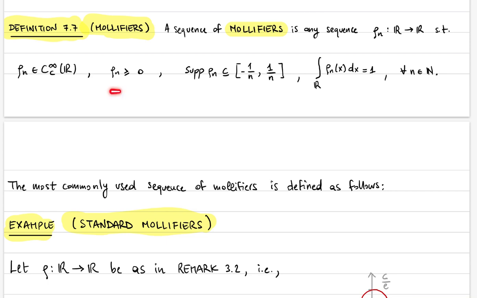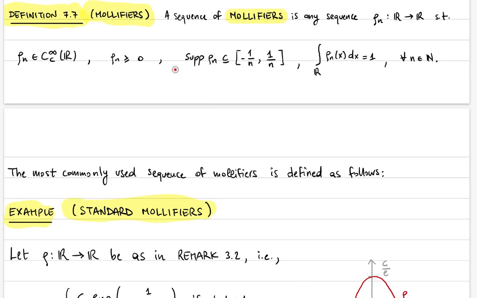The second property is that rho n has to be non-negative, with support contained in an interval around the origin. The interval is closed, and it's minus 1 over n, 1 over n. And then we also want the integral of this function over the whole R to be 1.